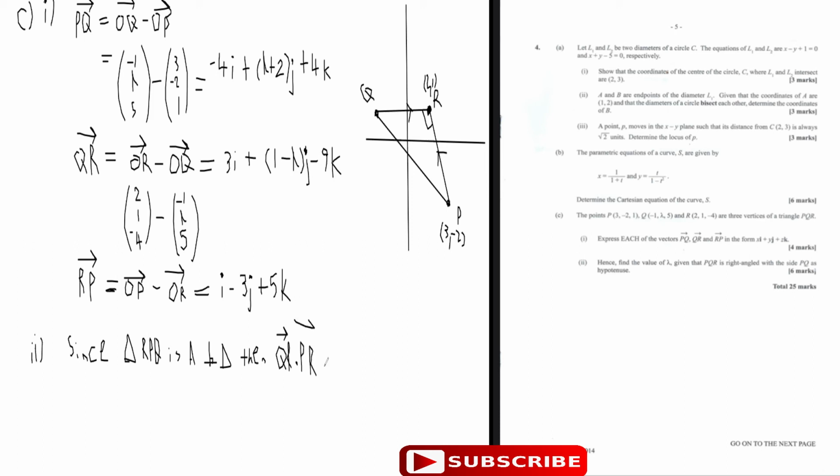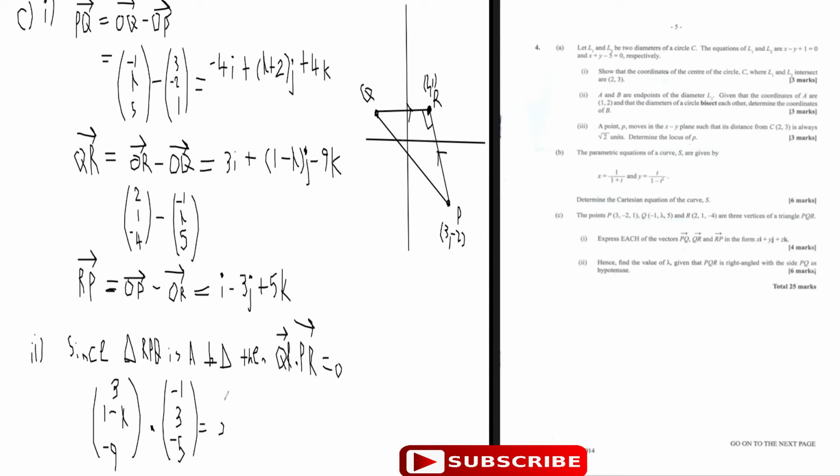So we're going to use that dot product to solve for lambda. QR is (3, 1 minus lambda, minus 9), dot RP. RP would just be in the opposite direction to this, so this would be (minus 1, 3, minus 5), and that's equal to 0.